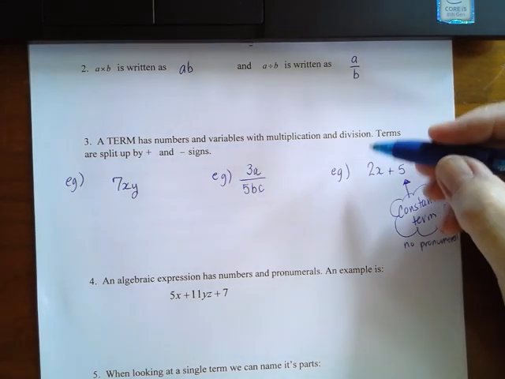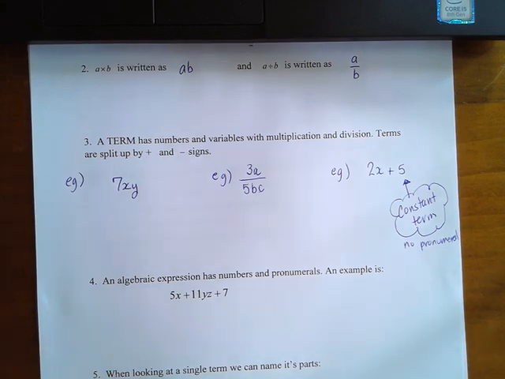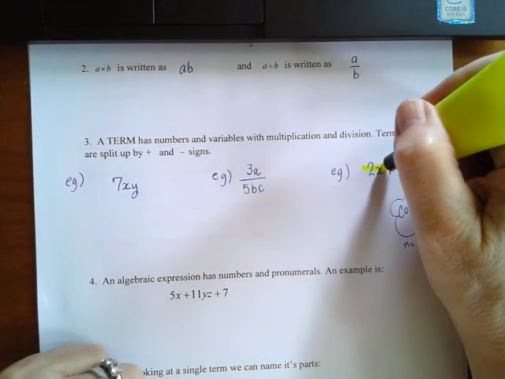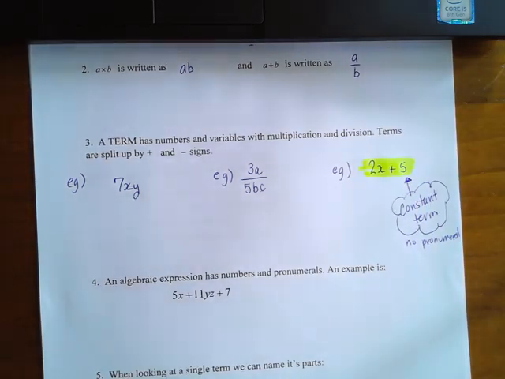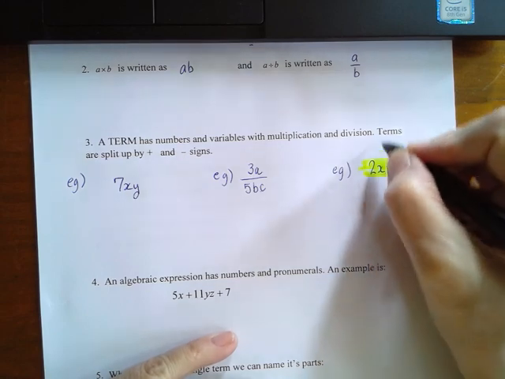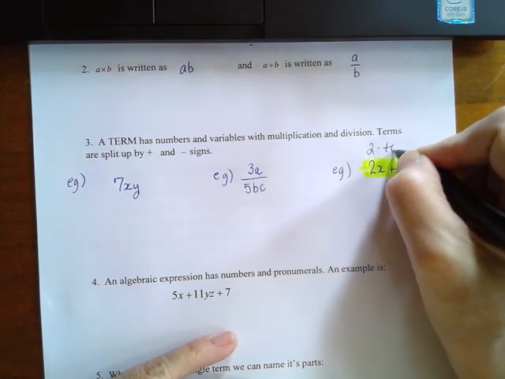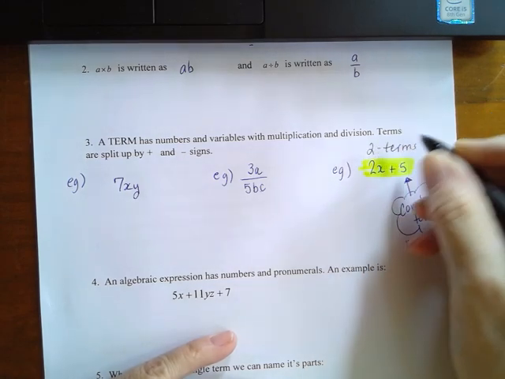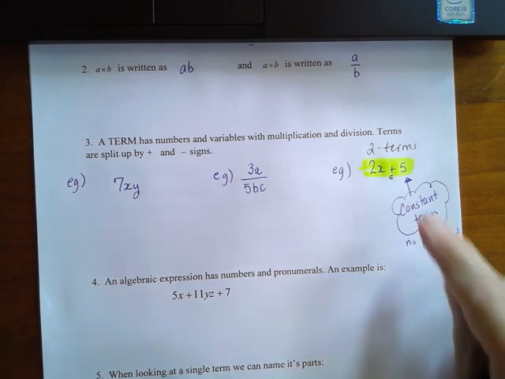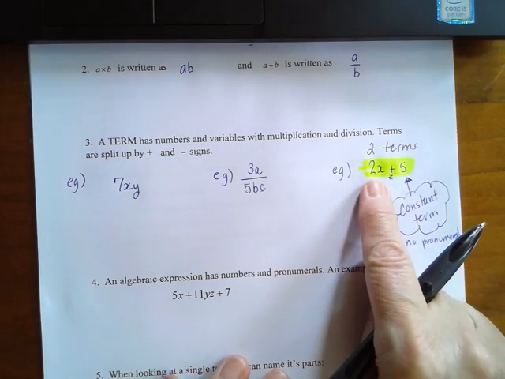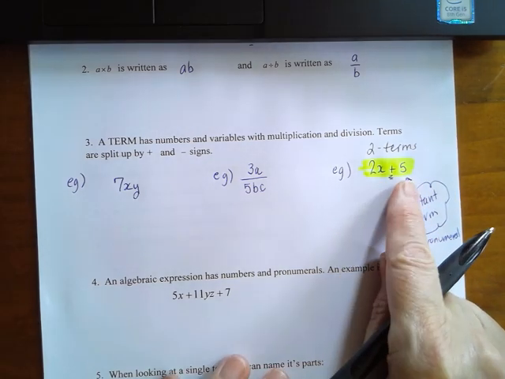This thing right here is 2 terms, because terms are split up by plus and minus signs. So 2 terms there, constant term. This is called the x term, but there are 2 terms here.